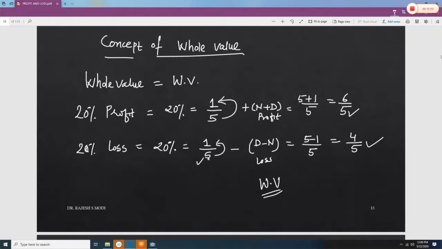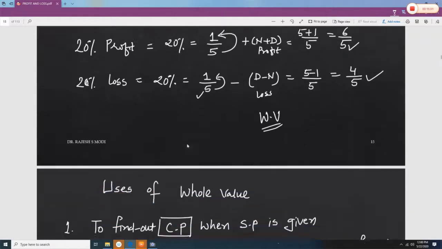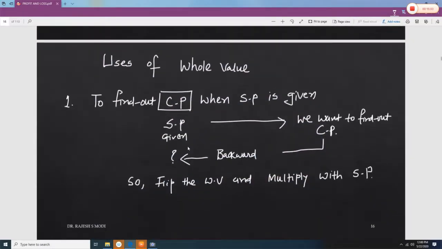And you know why the whole value is required to be calculated? It is required to find very fast the cost price and the selling price of the product. I already discussed the uses of the whole value.